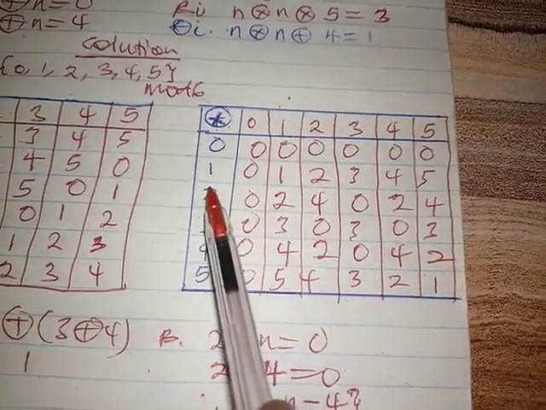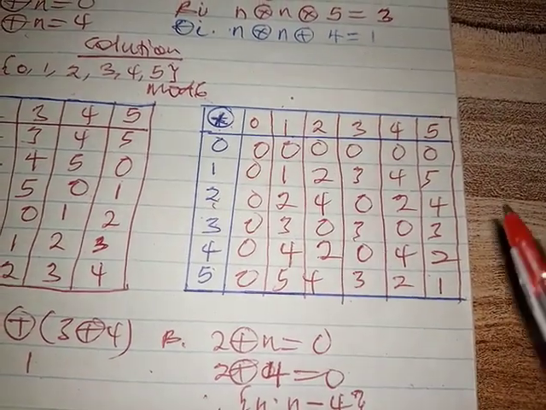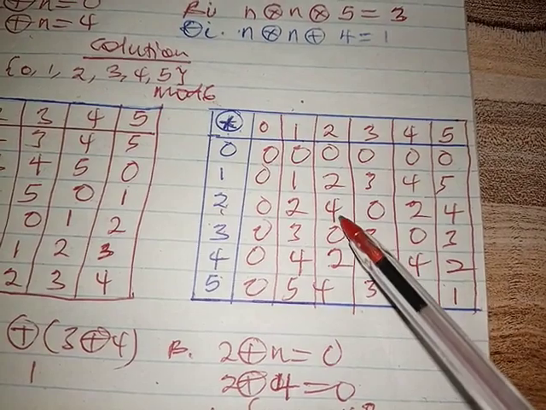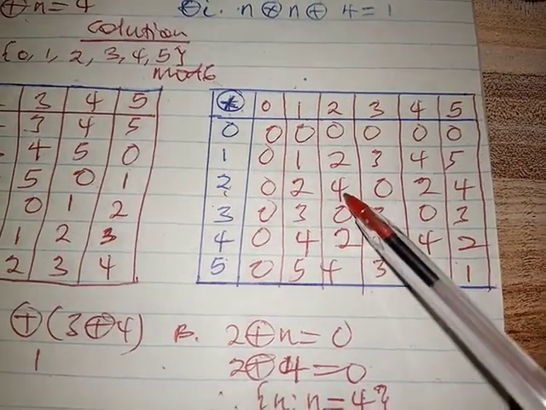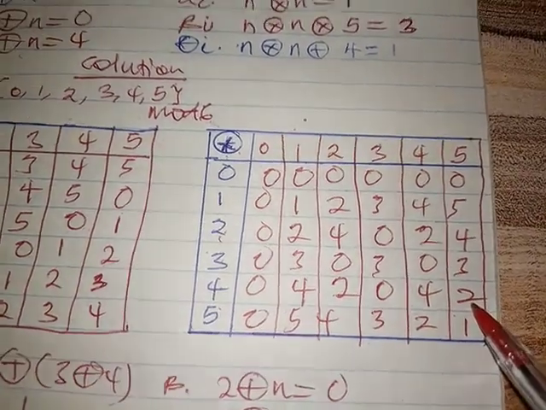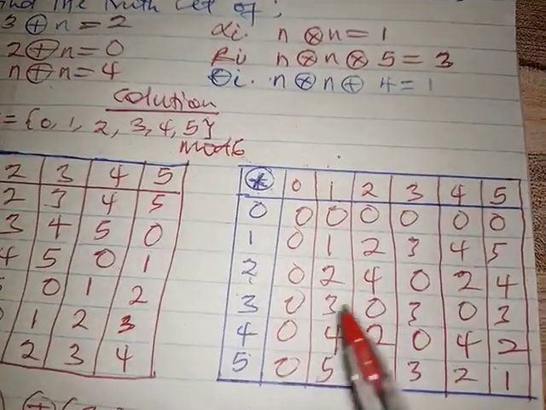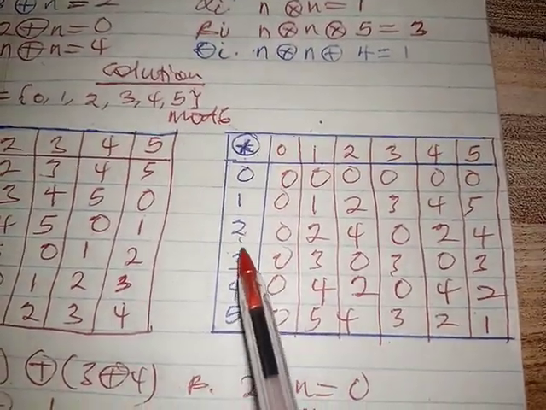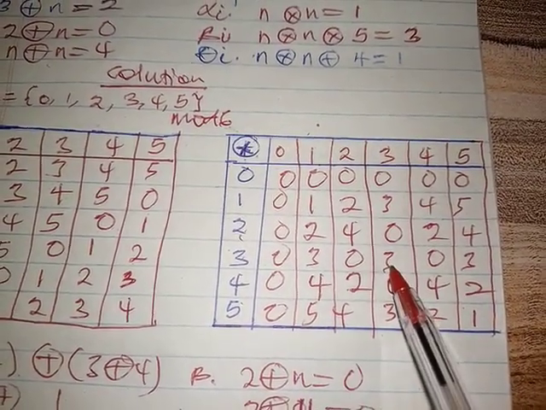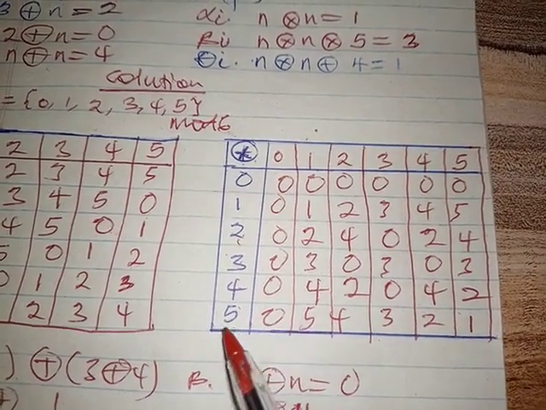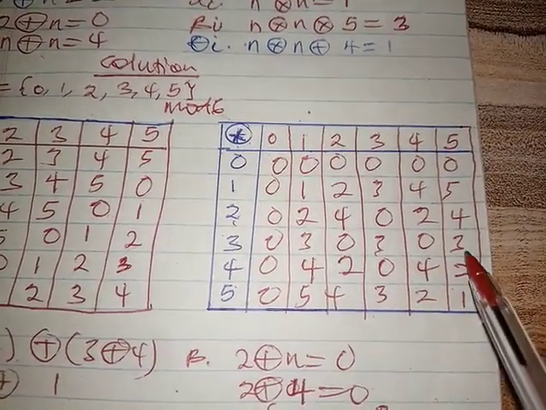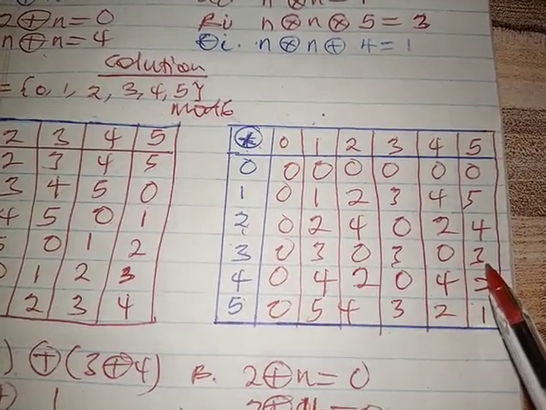Let's look at 2 times 2. 2 times 2 is giving us 4. And let's look at 4 times 5. 4 times 5 is giving us 2. No, we want 3. So 2 is not part. Let's look at 3. 3 times 3 is giving us 3, and 3 times 5 is giving us 3, which means 3 is part.